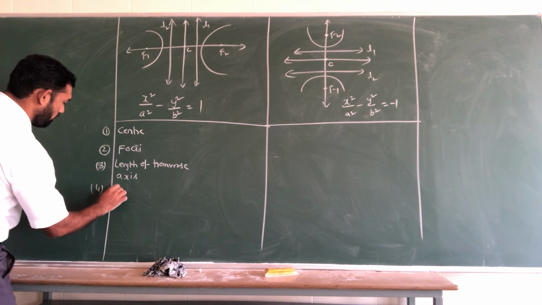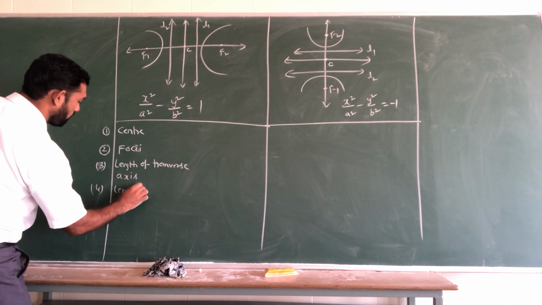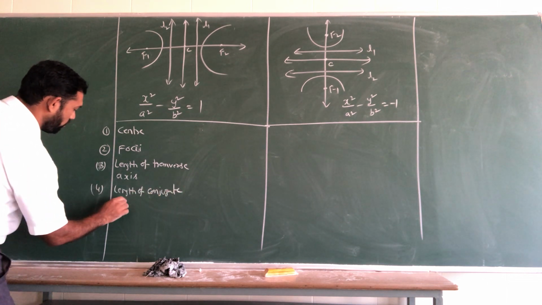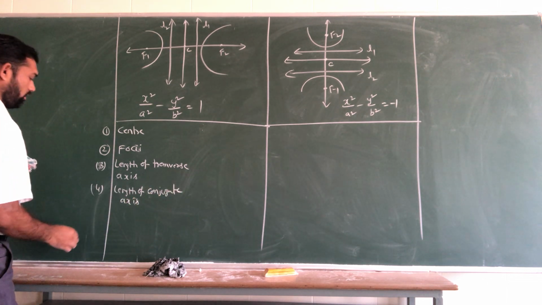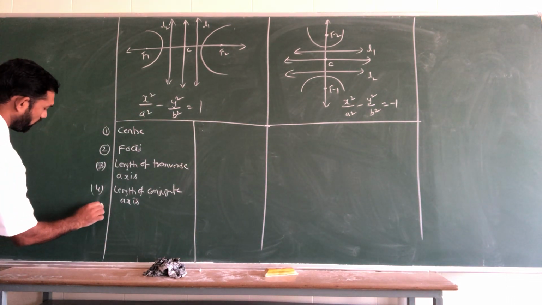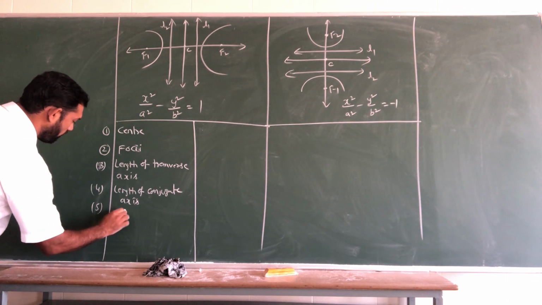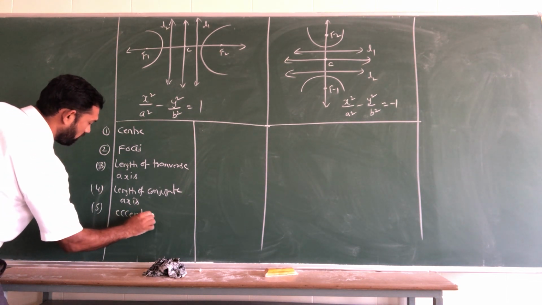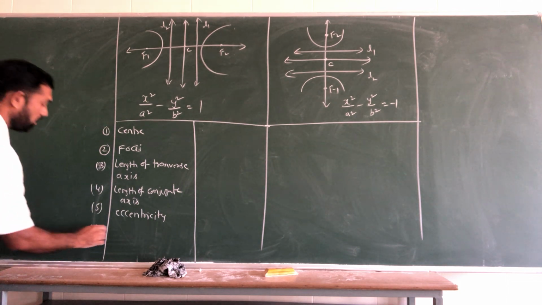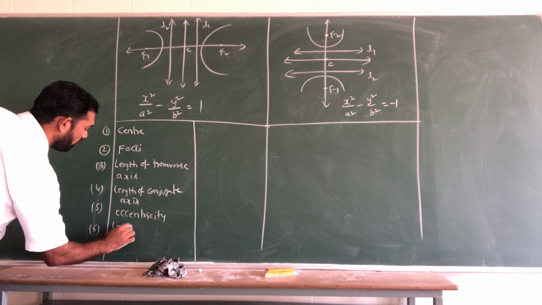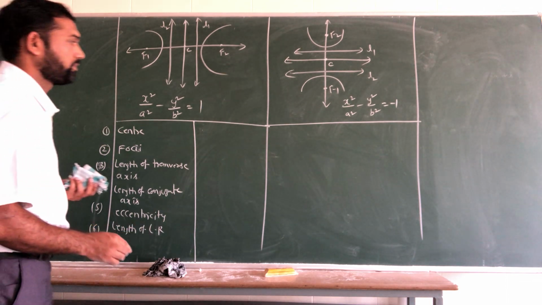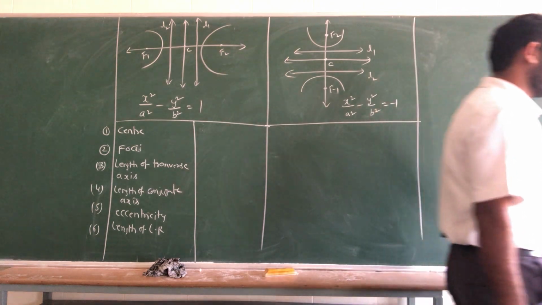Fourth point, length of conjugate axis. Fifth point, eccentricity. Sixth point, length of latus rectum. LR means latus rectum. So these 6 points we have to discuss.